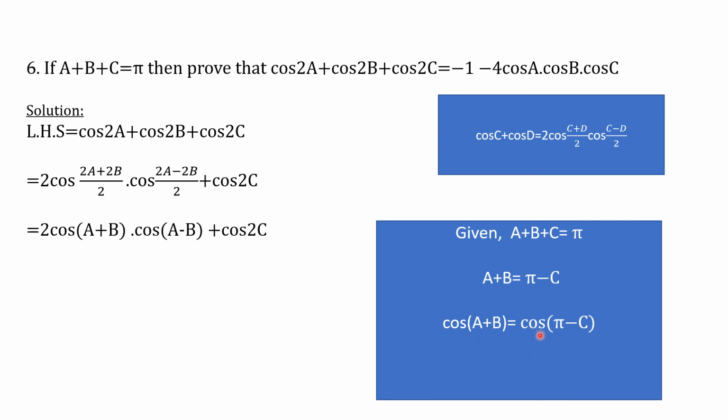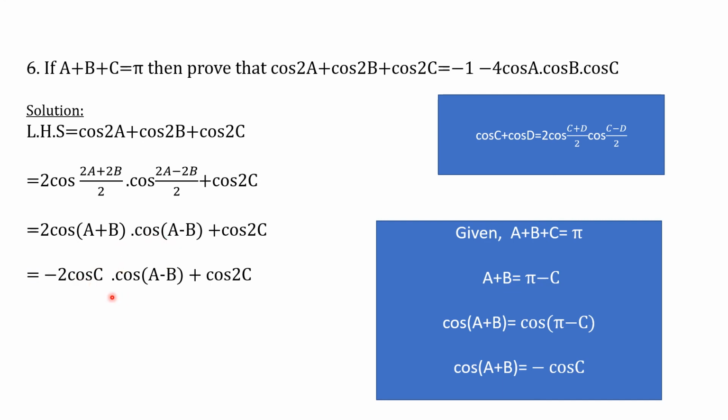And again we know cos (pi minus c) is minus cos c. Isn't that? Okay, so cos (a plus b) is minus cos c. So we'll replace this cos (a plus b) by minus cos c. This minus has come in front, and is ultimately cos c. You got this one?